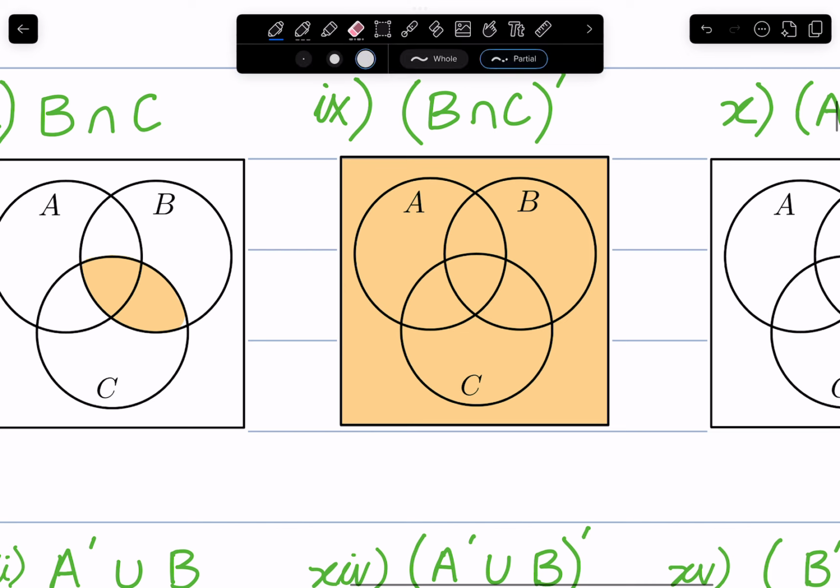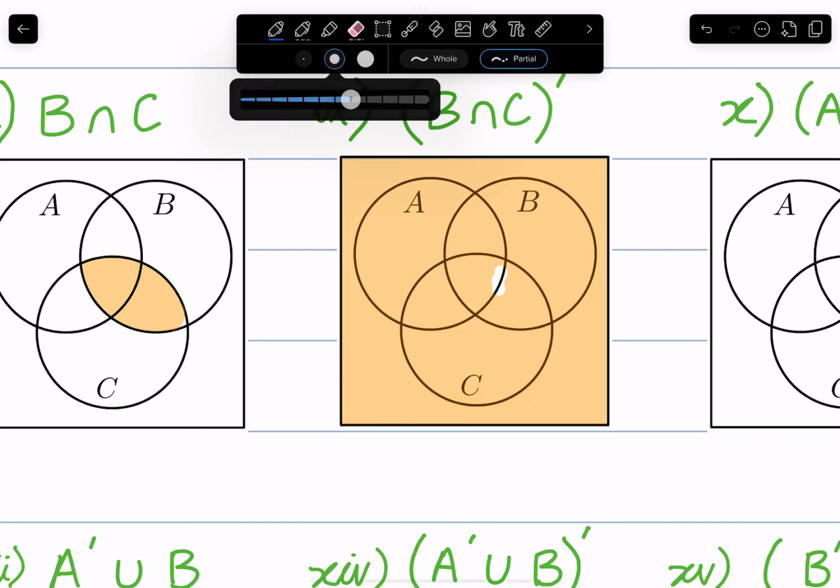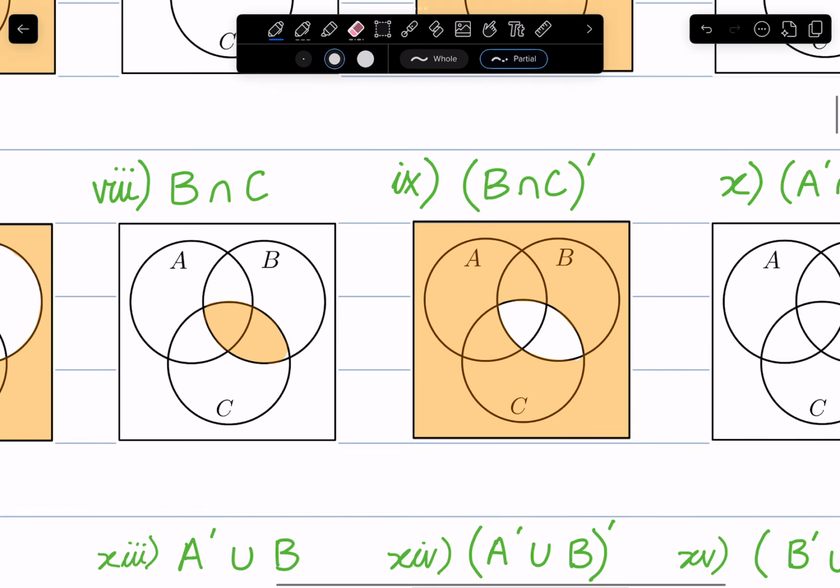So I'm just going to erase the bit that we don't need. It's a little bit larger there. Erasing the bits that we don't need. That is the complement of B intersect C.